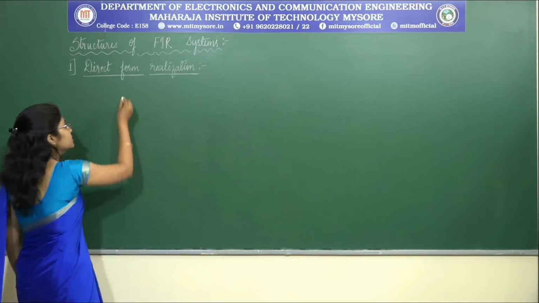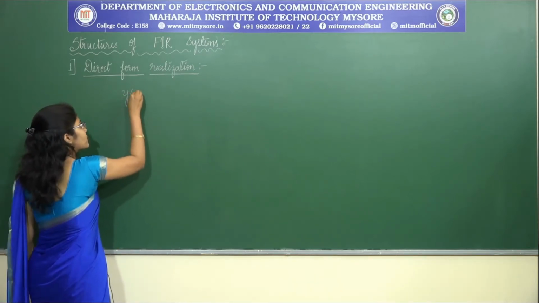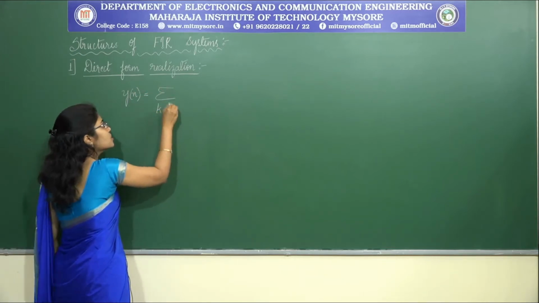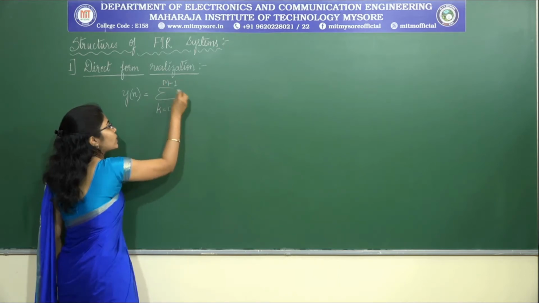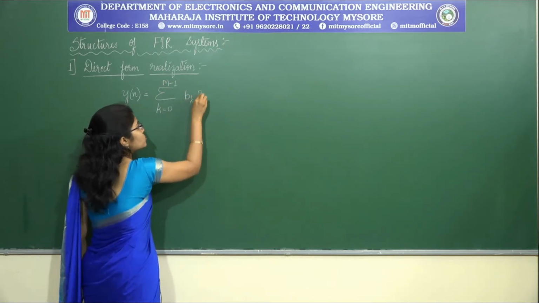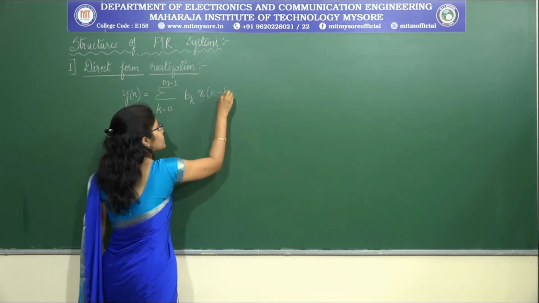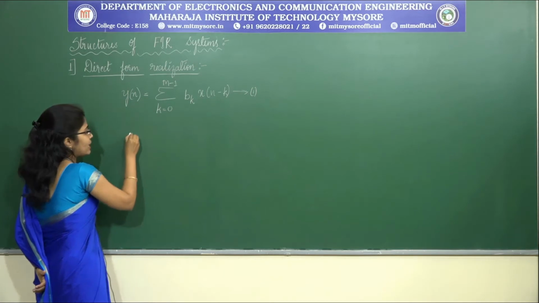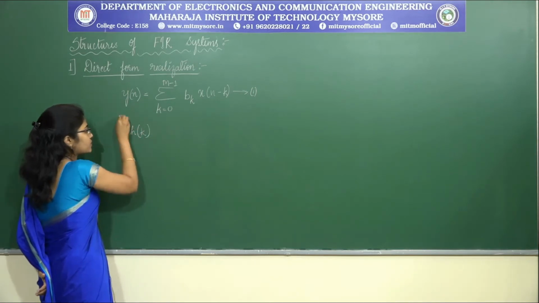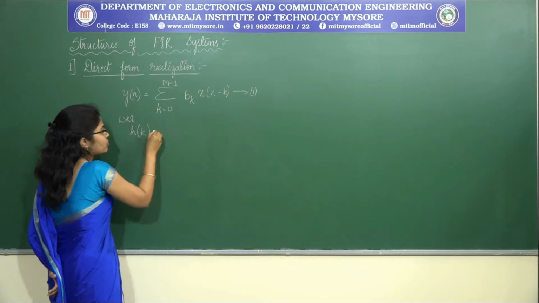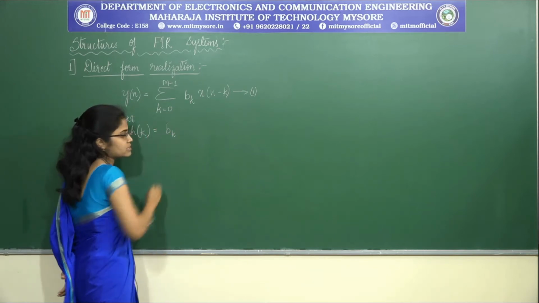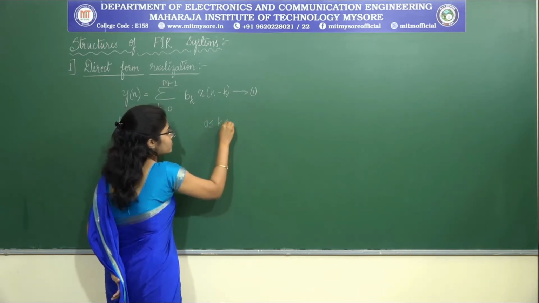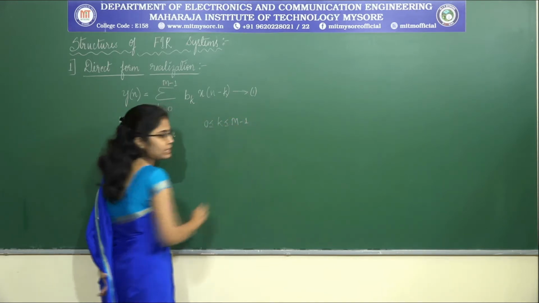If I write the equation for y of n for an FIR filter, we know it is given by summation k ranges from 0 to m minus 1 bk into x of n minus k. Let us term this as equation 1. We know that the value of h of k is same as bk, that is the filter coefficient, when the range of k is from 0 to m minus 1.